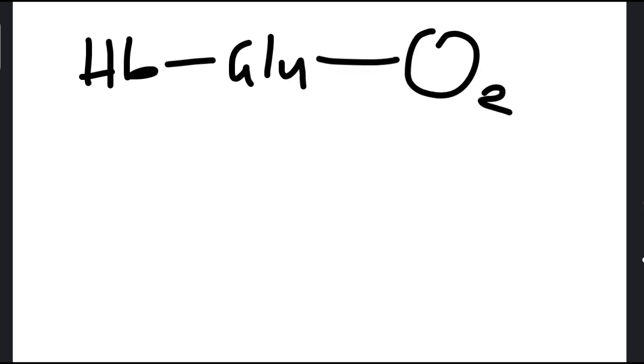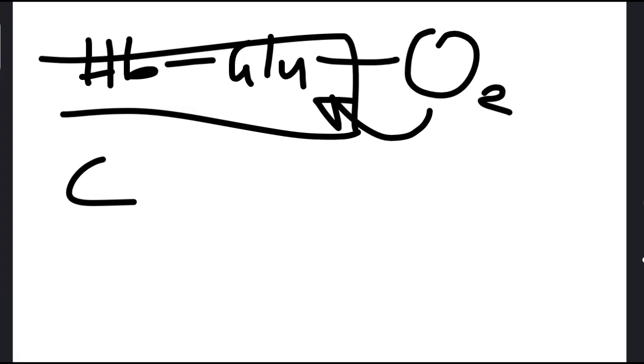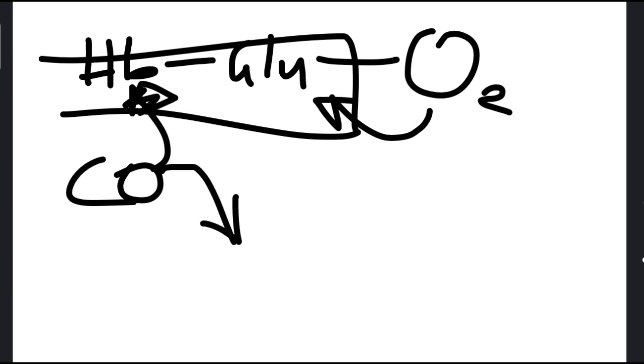Now, because we have hemoglobin which is glycosylated because of the increase in glucose, the oxygen that will be bound to this glycosylated hemoglobin will have high affinity for this binding, and unfortunately, because of this, there is low affinity for it to dissociate. Think of it like carbon monoxide, how it will easily bind to hemoglobin and it won't easily dissociate from the hemoglobin.